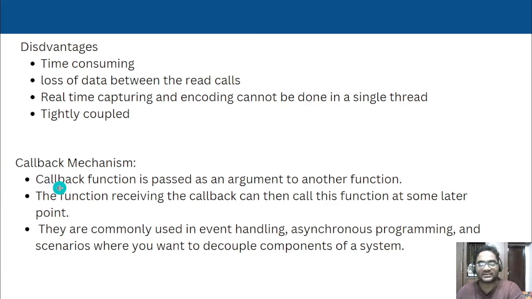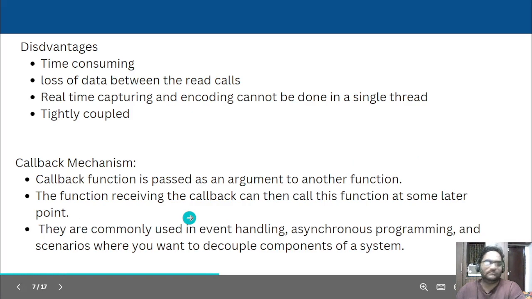From the software context point of view, a callback function is just a function that is passed as an argument to another function. The function receiving the callback then calls this function at some point later. It means the callback function should be registered as an argument in the calling function, and that particular callback function can be called later.